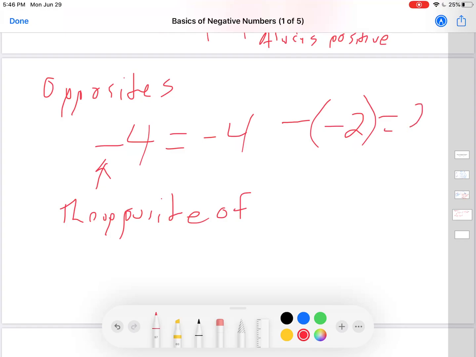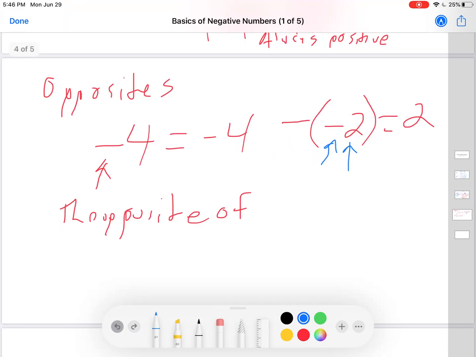Well, the opposite of it is positive 2. And there's 2 ways to think about it, and they're both correct. I could say this is 2. This makes it the opposite of 2, which is negative 2. And this makes it the opposite of that, or the opposite of negative 2, which is positive 2.